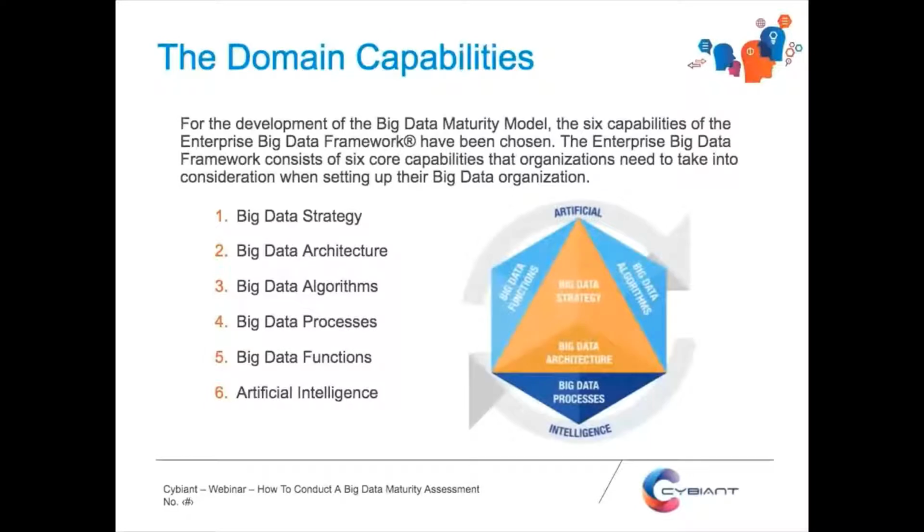And that requires a different way of thinking. It also requires a different way of doing things. So the people element, and from what I've seen in my previous work, this is mostly one of the most difficult, but also one of the most important elements, can really make or break a big data organization.